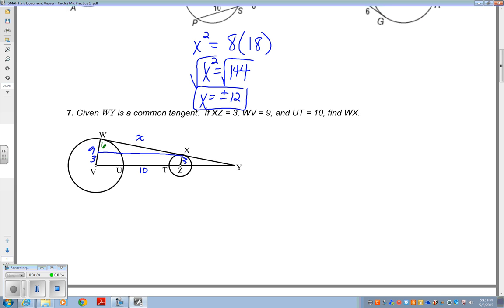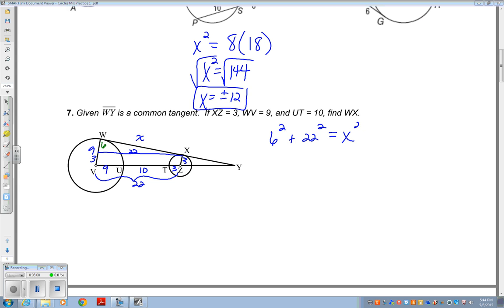And if UT is 10, but I know that the radius is 9, and this radius is 3, then I could figure out the total distance here, and that would be 22. So that means it's 22 opposite, because they're parallel, and we got a little parallelogram there. So you can find x using the Pythagorean theorem, which is 6 squared plus 22 squared is going to equal x squared.